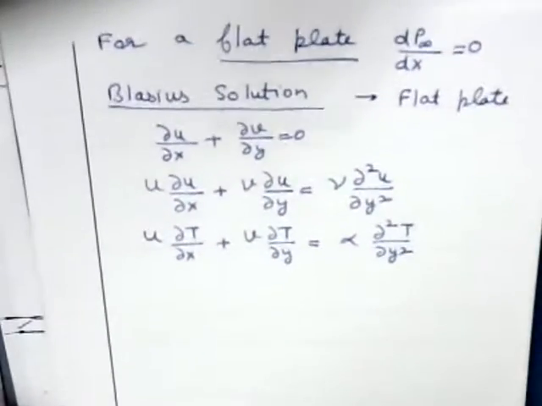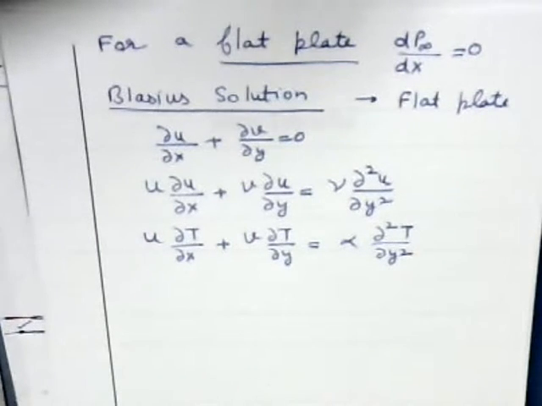Now, just to keep you on track, what I am discussing is how we can get the convection coefficient, because that is what we want. One method is we just solve the equations with full complexity by using CFD. That's a numerical method. Other is we do dimensional analysis. We did that, and you found that Nusselt number is a function of Reynolds number and Prandtl number. Then we can do some experiments to get that correlation, and so we have the convection coefficient. Third, we want to solve the equations theoretically.